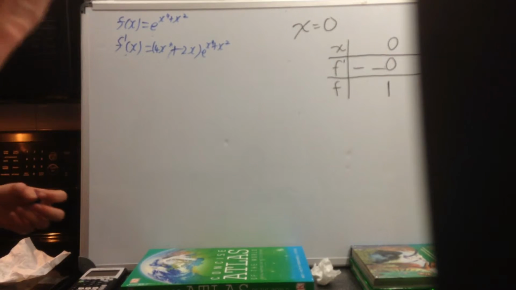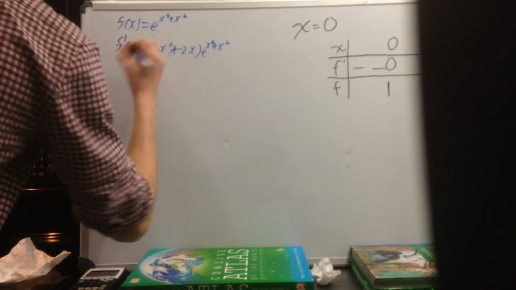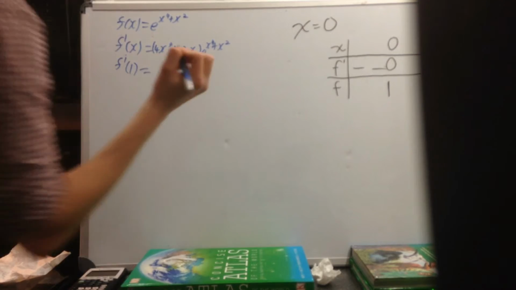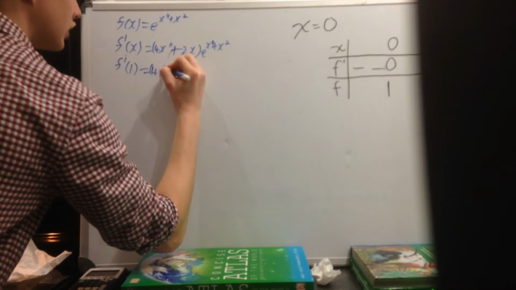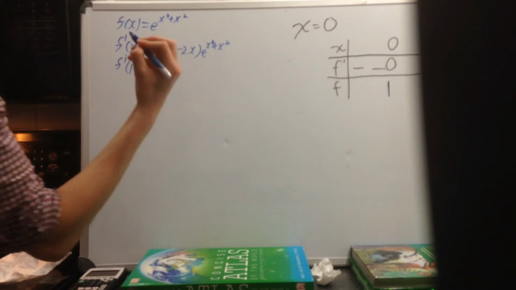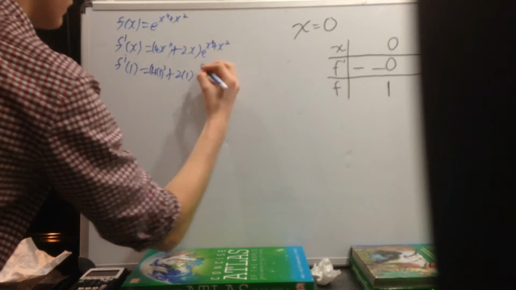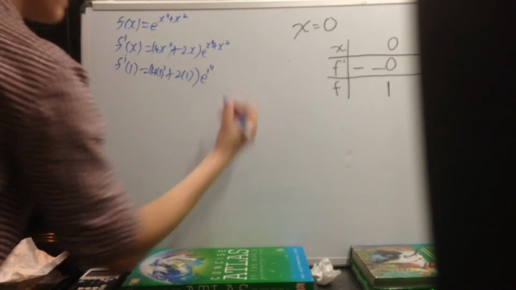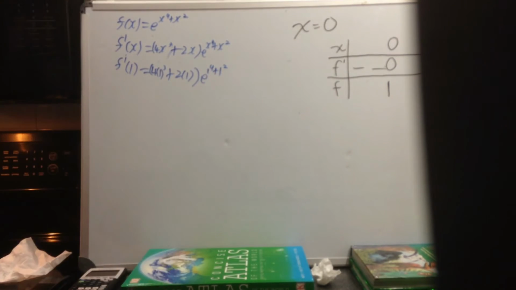For our value to the right, we're going to use 1. So f prime of 1 equals 4 times 1 cubed plus 2 times 1, multiplied by e to the 1 to the power of 4 plus 1 squared.